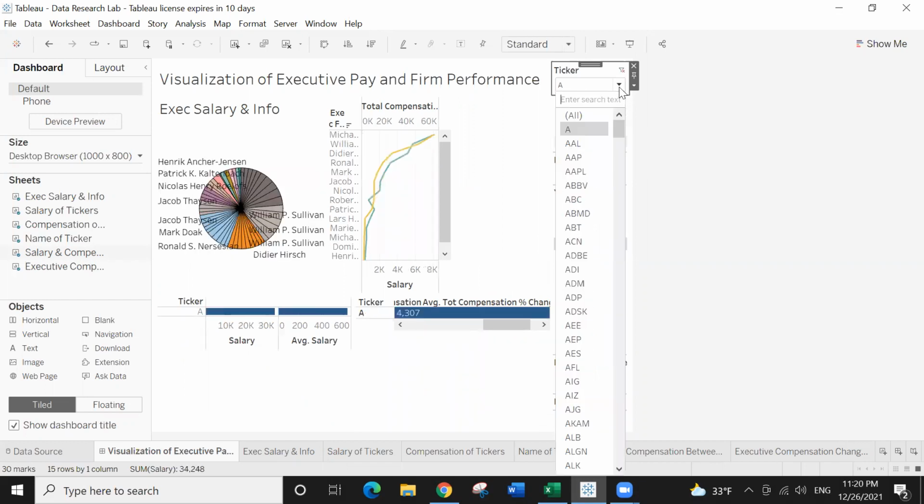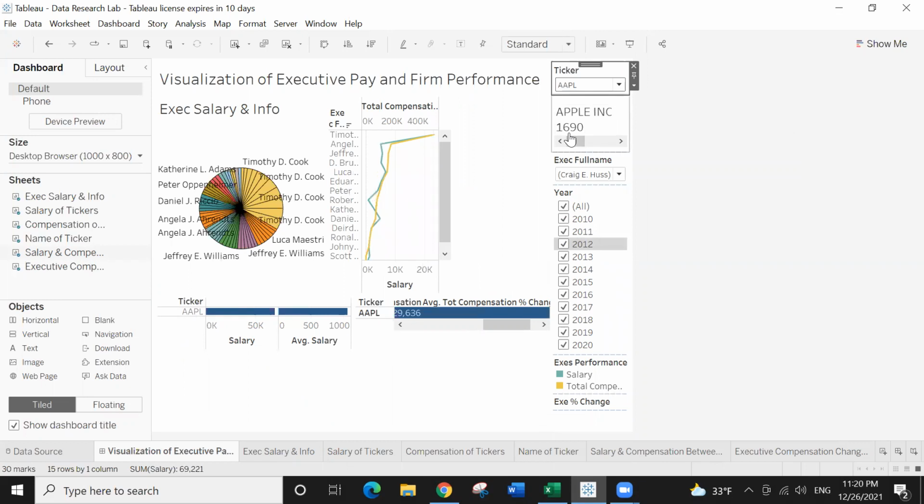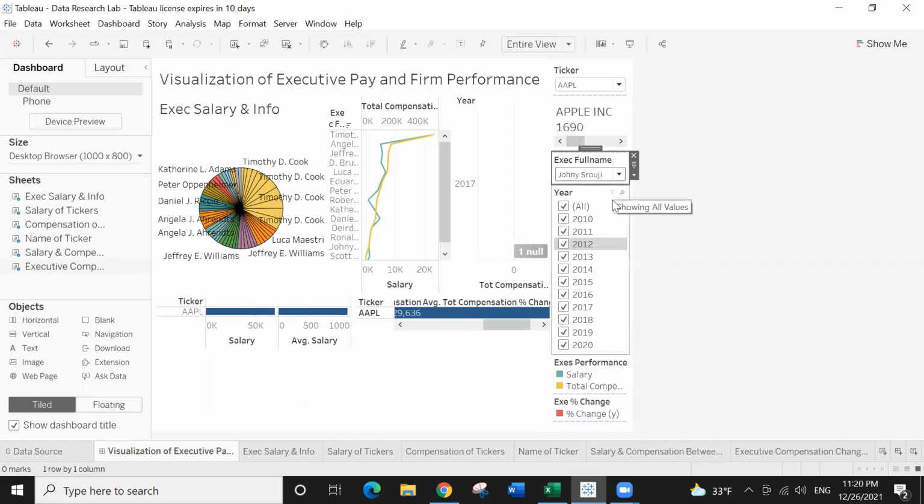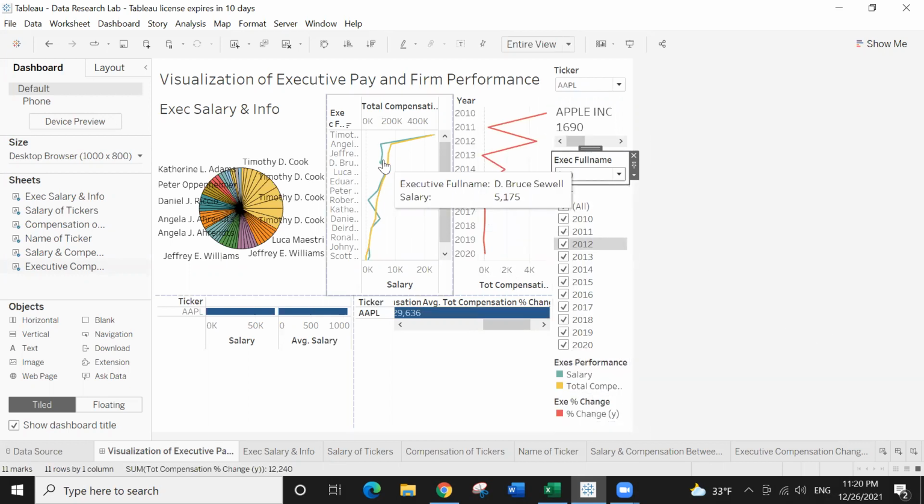And when we click on AAPL here, we could have a name and its key over here. And this is the executive full name. We could click on it to change the name and also the year of the data. And here we could see what the lines mean by checking the colors here.